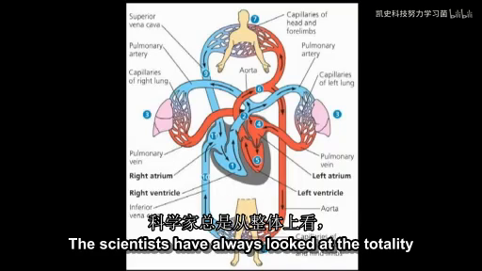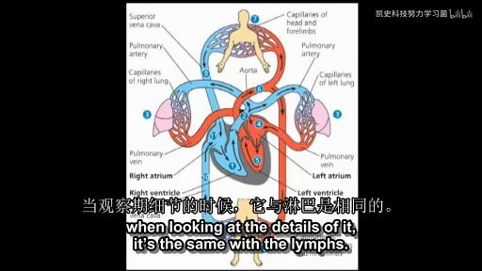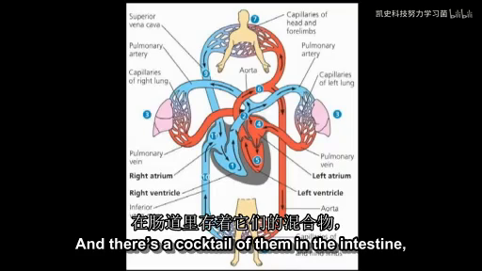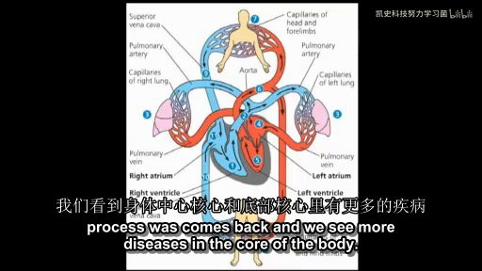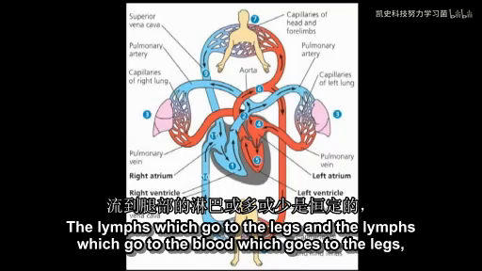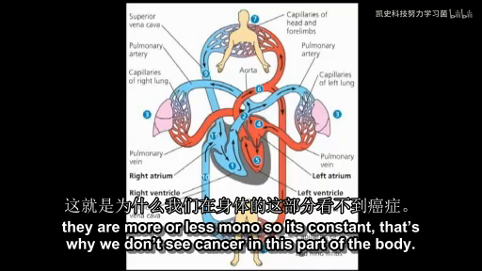The scientists have always looked at the totality, but never gone into the details. It's the same with the lymph. The lymph within the intestine, within the stomach, is a cocktail, plus what comes back, so we see more diseases in the central core and the bottom core of the body. The lymph which goes to the legs, and the blood which goes to the legs, are more or less mono, so it's constant.